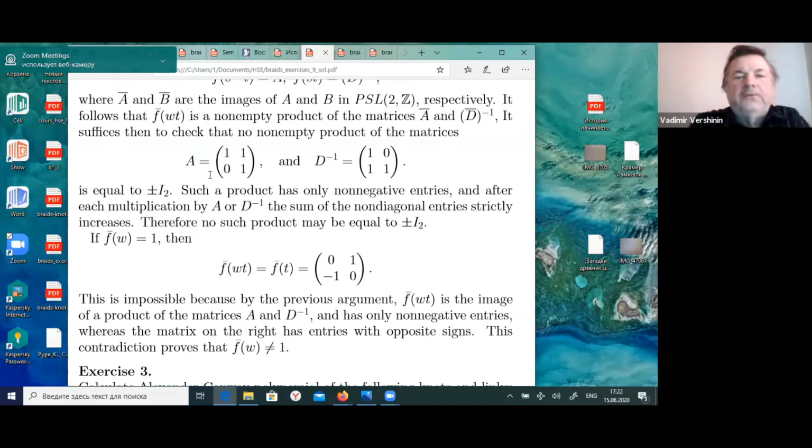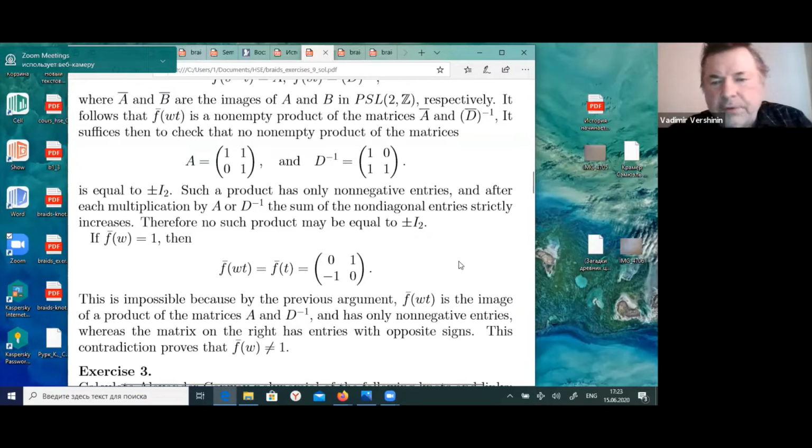If you make a product either A by A, or A by D minus 1, or D minus 1 by A, you see that at each time the sum of diagonal elements augments. So such a product will never be equal to plus or minus E.